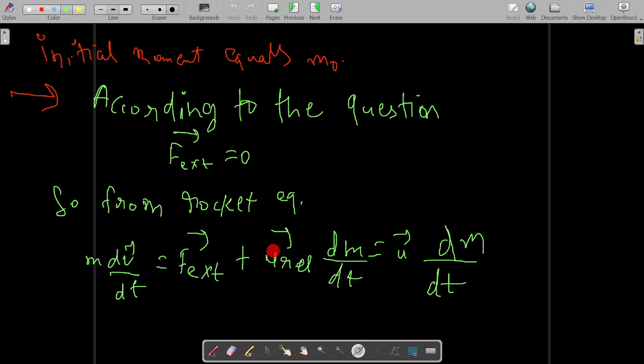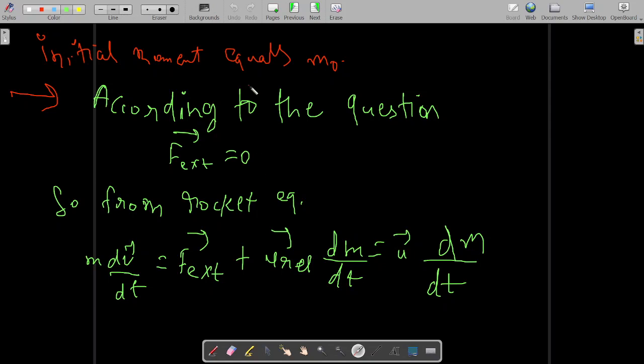It is already given that u relative is equal to u. Okay, so vector u, and all these are in vector symbols. When we make them scalar, that is, when we assume one direction is positive and the other is negative, plus and minus signs will be introduced based on which direction each vector is facing.